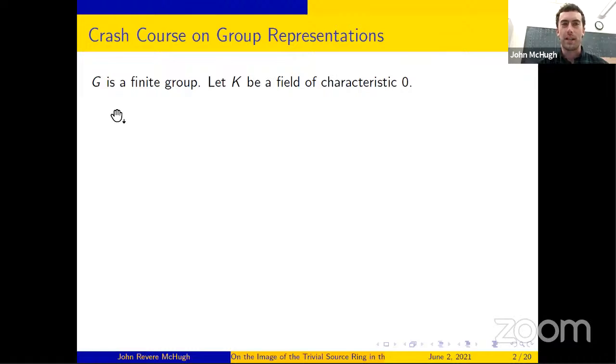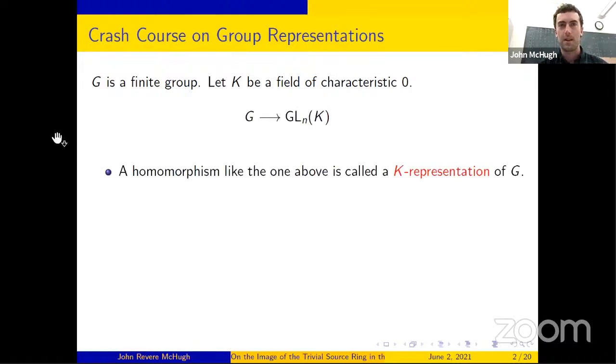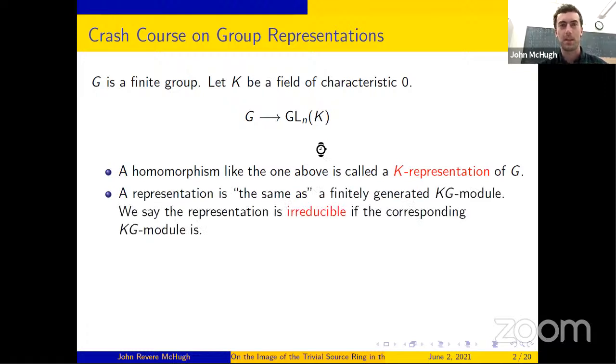Throughout, G is going to be a finite group, and for now, K is a field of characteristic 0. A homomorphism like this into the general linear group of n by n matrices over K is a K-representation. Representations are essentially the same as finitely generated KG-modules, and so we can use module language to describe these homomorphisms.